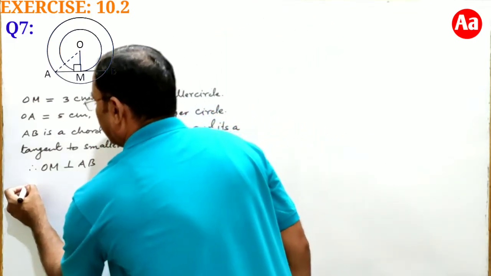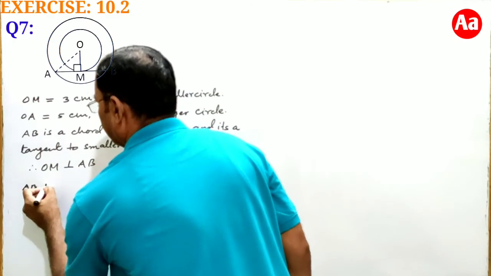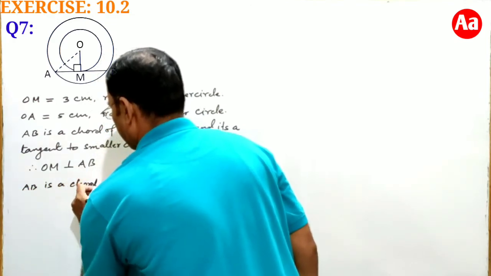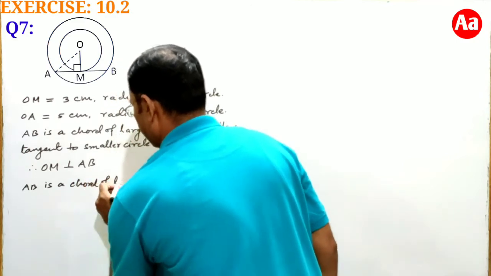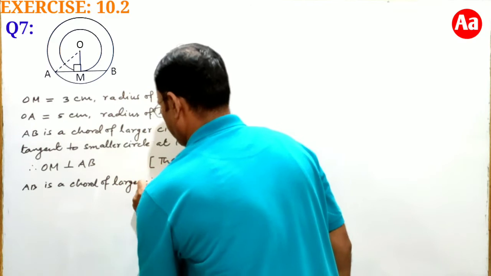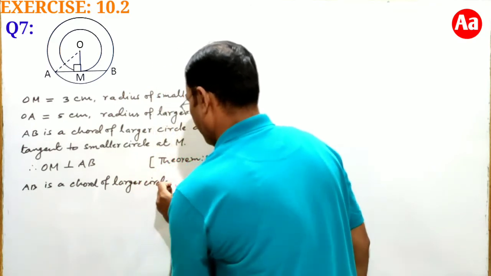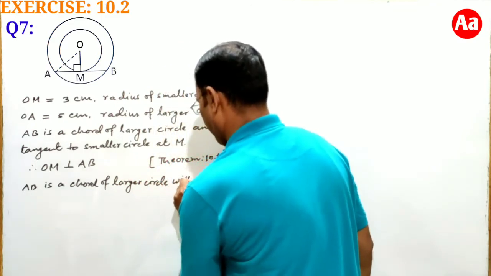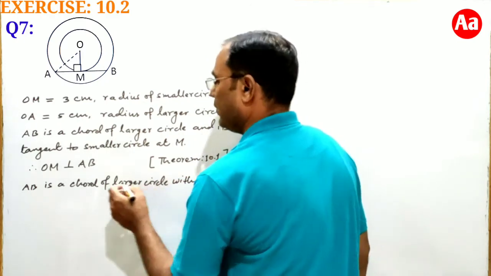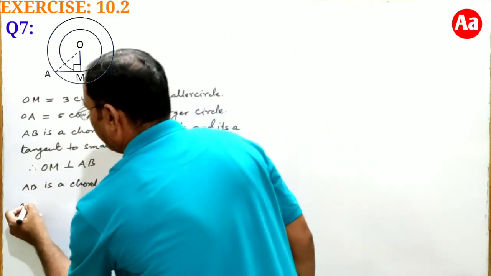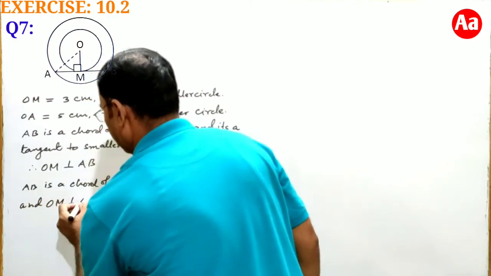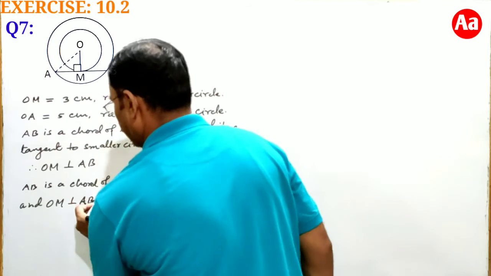Now, AB is a chord of the larger circle with center O, and OM is perpendicular to AB.